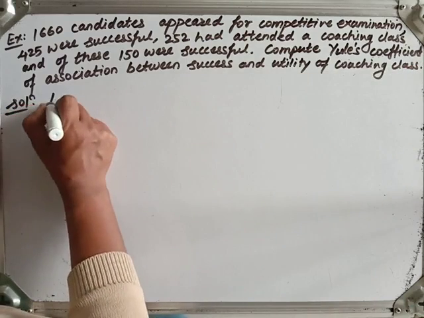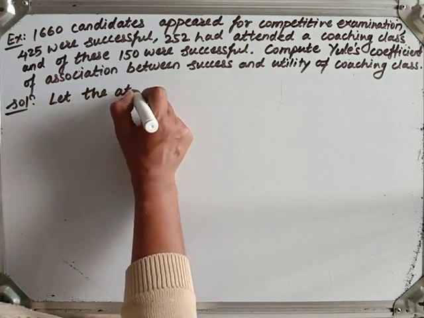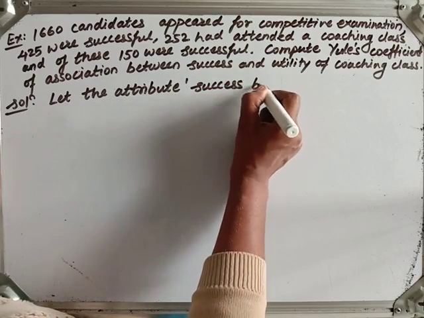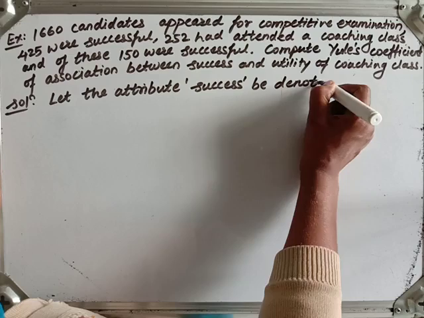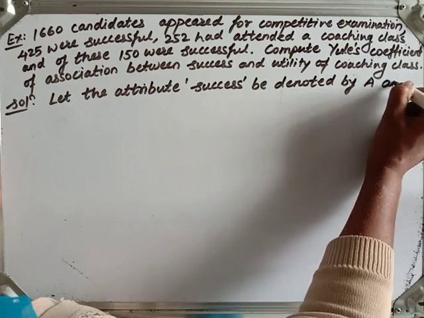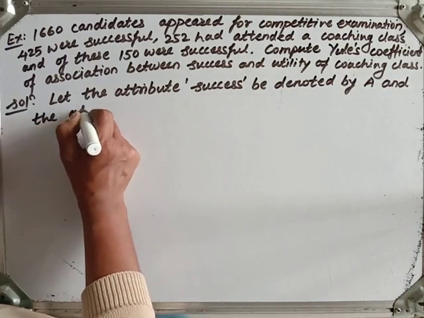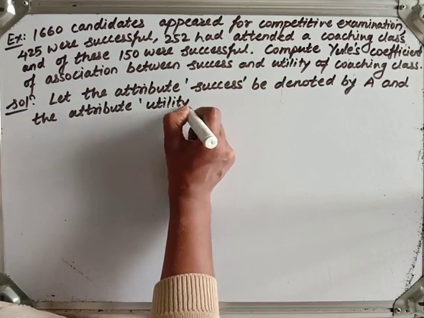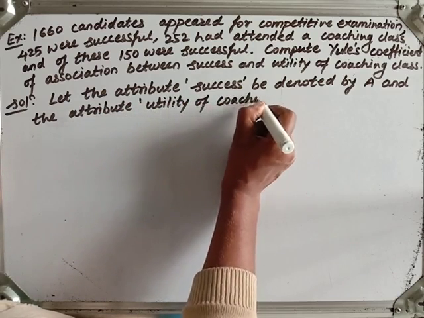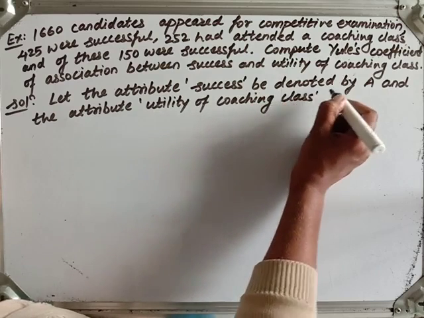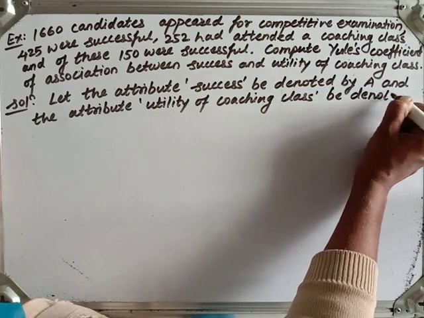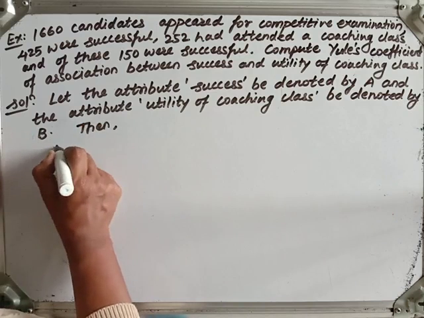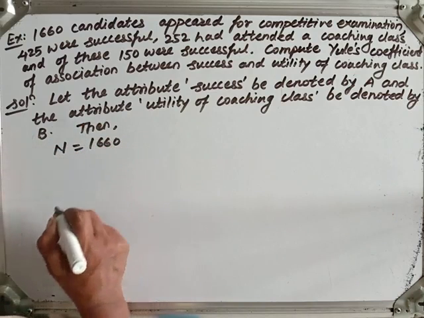Solution. Now, let the attribute success be denoted by A and the attribute utility of coaching class be denoted by B. Then N, we get, N is how much? 1660.